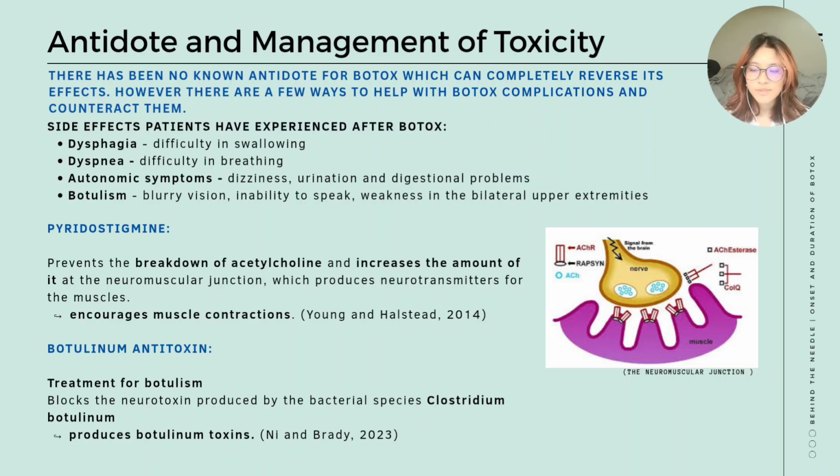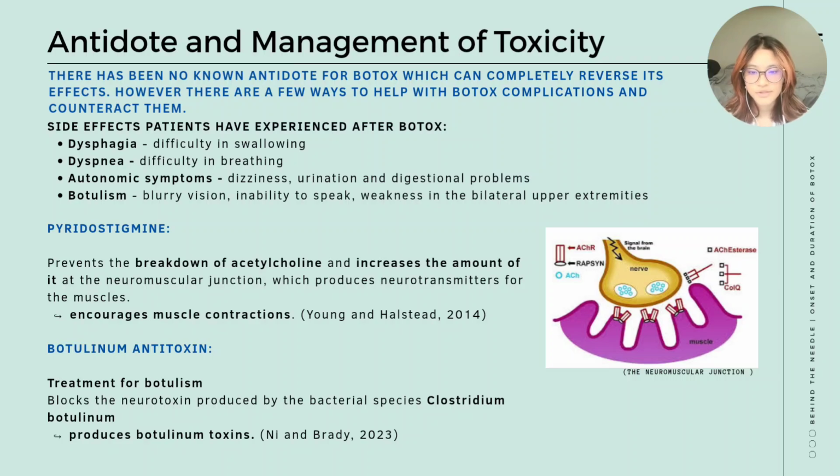So some substances that could help and counteract these effects are pyridostigmine and botulinum antitoxin. Firstly, pyridostigmine is a substance that prevents the breakdown of acetylcholine and increases the amount at the neuromuscular junction, which produces neurotransmitters for the muscles.